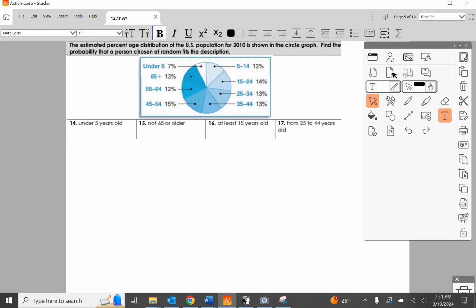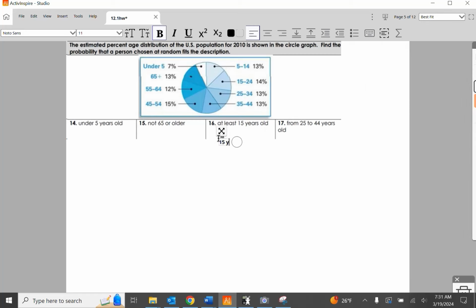All right, this page, the estimated percent of age distribution of the U.S. population for 2010 is shown in a circle graph. Find the probability that the person chosen at random fits the description. Of course, we have some wording here that's going to bother you all. Like at least 15 years old means 15 years or higher, right? That's what it means. One way I could do this is I could take 100 and use a complement.